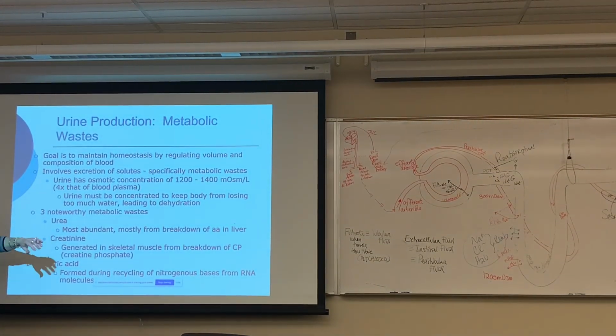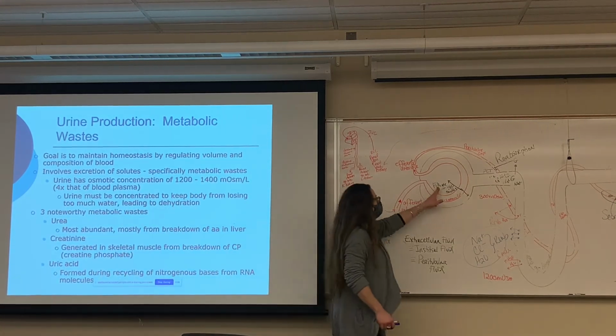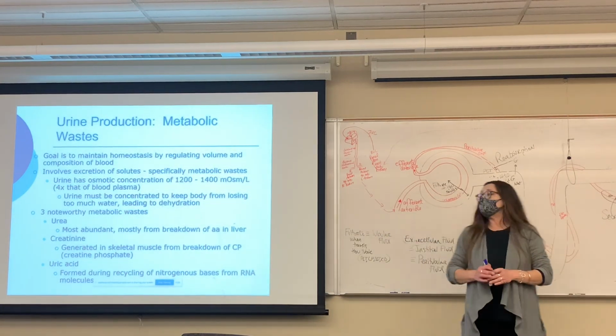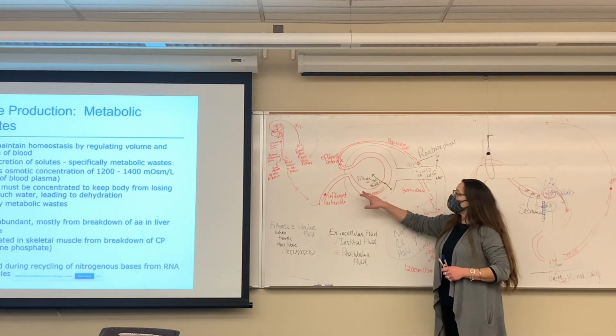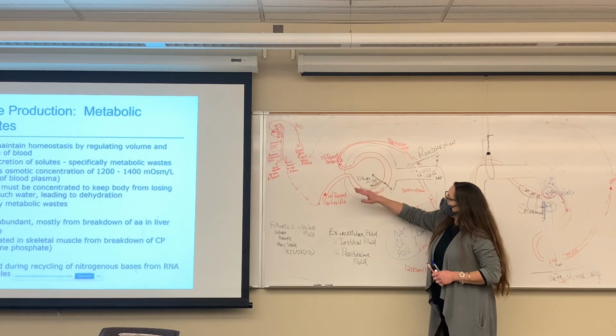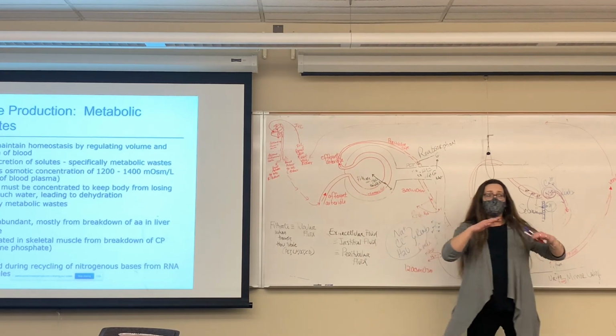concentrated. Okay? When we start this whole process, the filtrate basically looks like the plasma minus the plasma proteins. Otherwise, what comes out pretty much looks like the plasma. So the concentration of the filtrate and the concentration of the original blood plasma is pretty much equal.